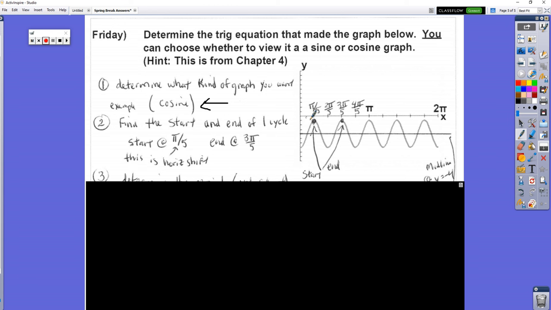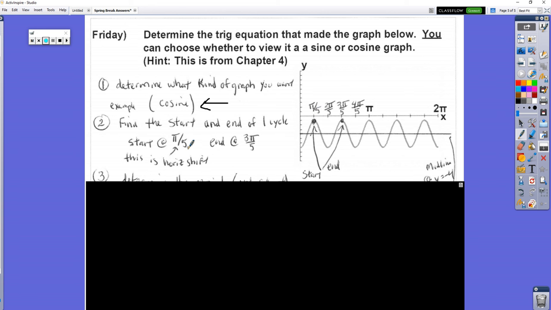We know that cosine starts from the top. And to finish one complete cycle, you always have to end where you began. So if you're starting from the top, because I'm looking for cosine, that means I have to finish at the top as well. So the second step is to find the start and end of one complete cycle. Now that I've labeled all these markings along my x-axis, I know that I'm starting at 1/5 pi, and I'm ending my first cycle at 3/5 pi.